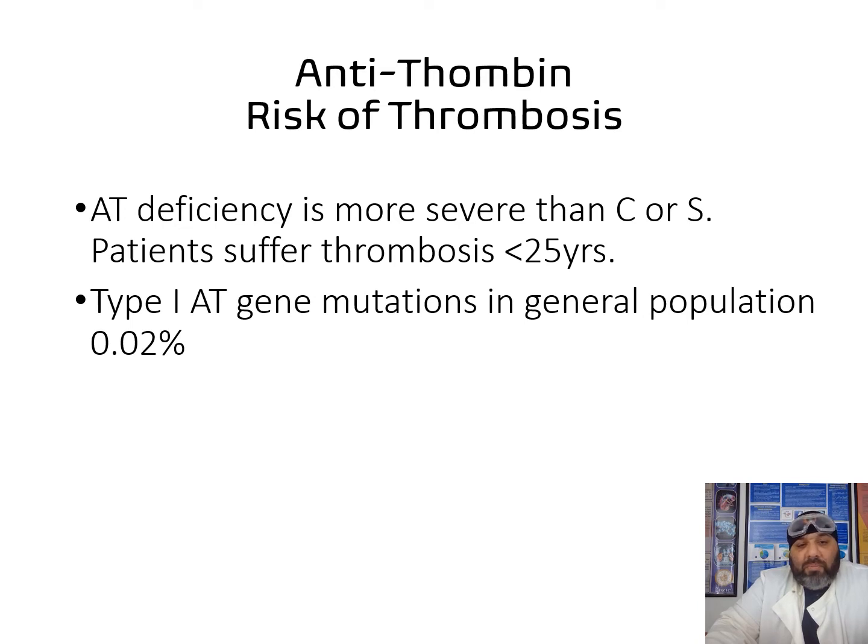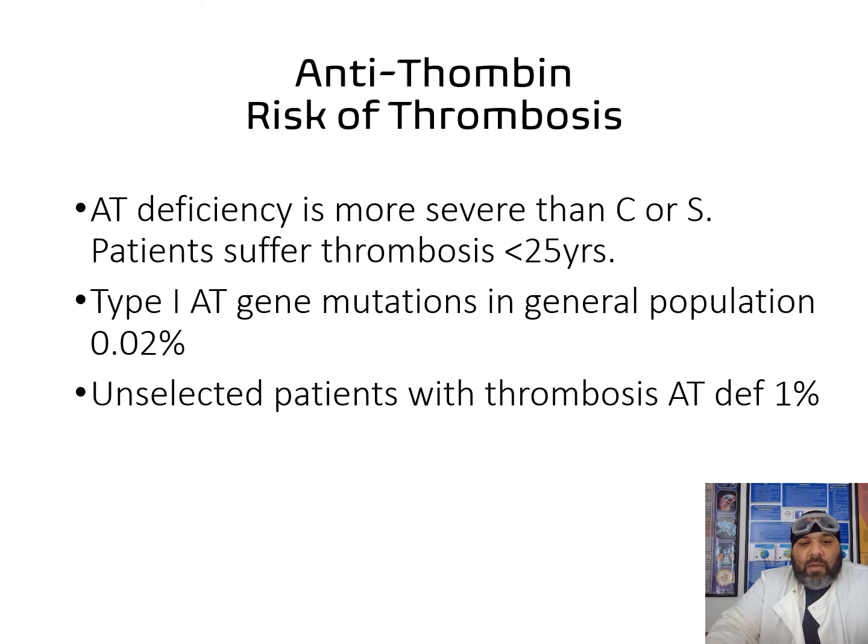Type 1 antithrombin gene mutations occur and have been identified in the general population, but the percentage is generally quite low, around 0.02%.